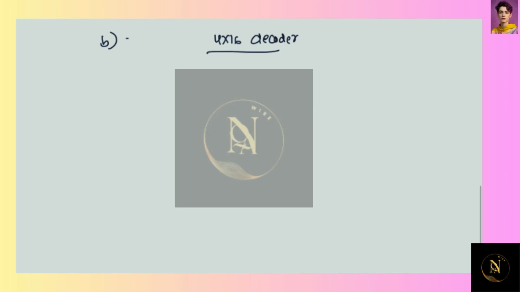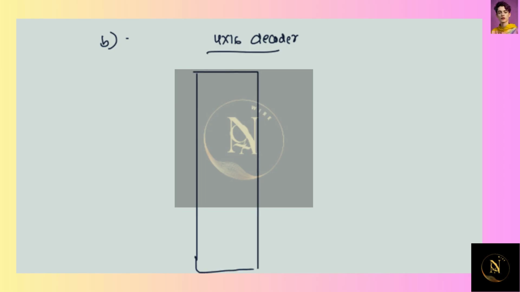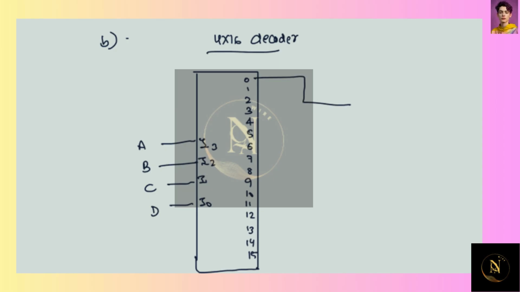It looks somewhat like this: outputs 0, 1, 2, 3, 4, 5, 6, 7, 8, 9, 10, 11, 12, 13, 14, 15, with inputs I0, I1, I2, I3, which are A, B, C, D. And from here we get the 15 signals.